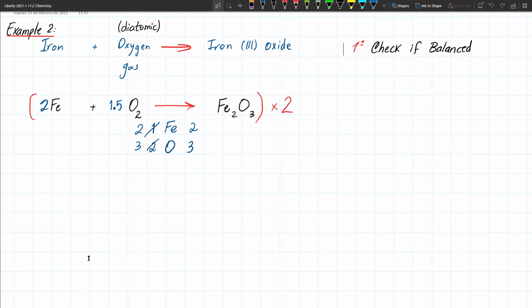So this is going to be 4 iron plus 1.5 times 2 gives me 3 oxygen. All these produce, here remember that you have an invisible 1 over there.